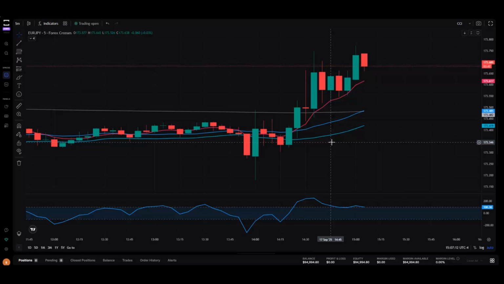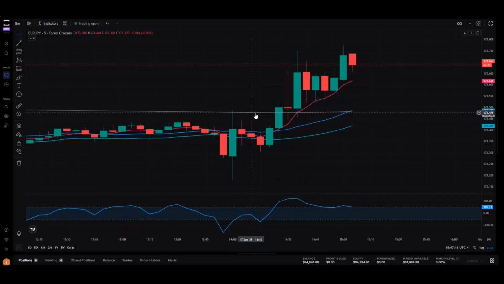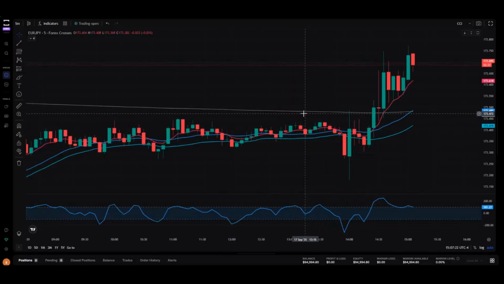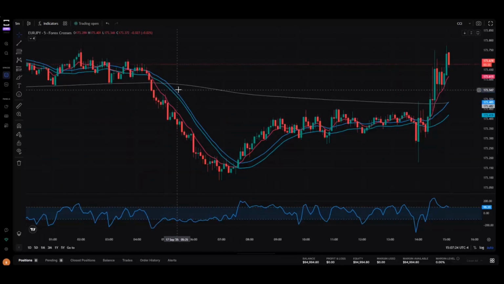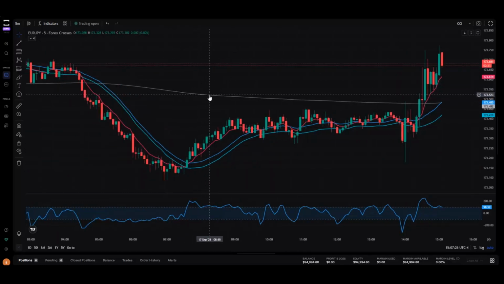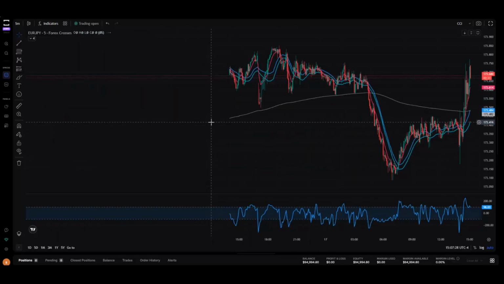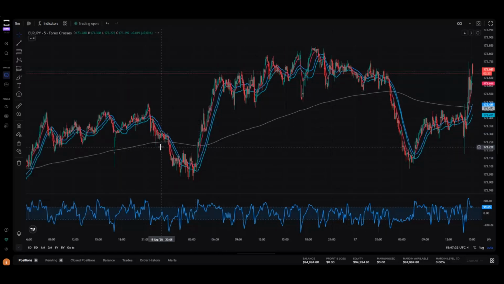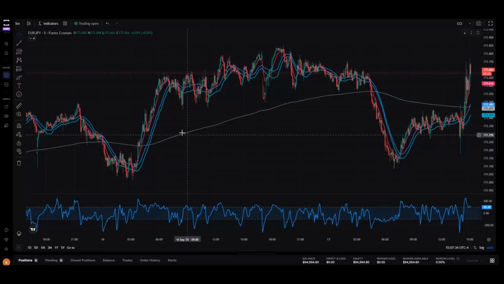And thirdly, we'll discuss the 200 period moving average. This white line that you see, guys, is the 200 period moving average. That is the granddaddy of all the moving averages. So it's telling you that over time, yes, we are mostly positive overall.